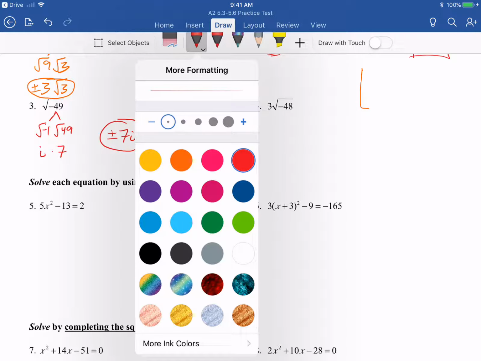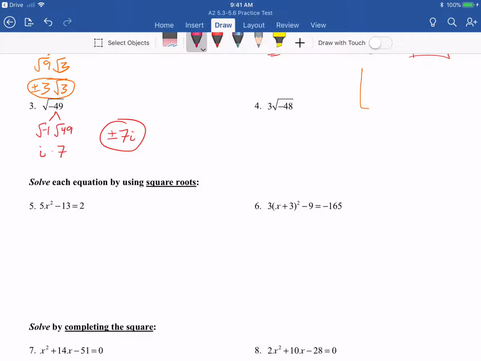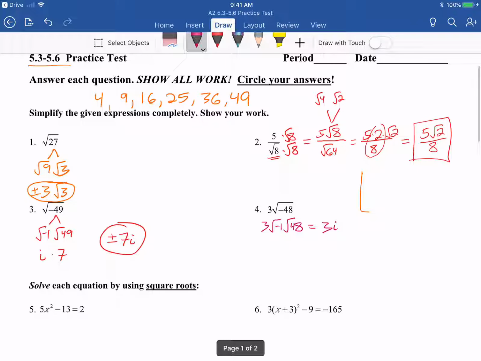So going on to number 4, the last simplifying one here, I have 3 times the square root of negative 48. I always break a negative 1 out of there, so this is going to be 3, negative 1, and positive 48. As I go along here, I have 3i, because the square root of negative 1 is i, and then for the square root of 48, I have to look at which ones of these go into 48.